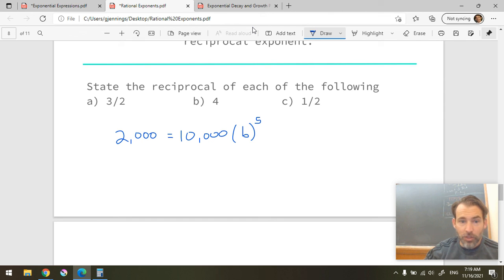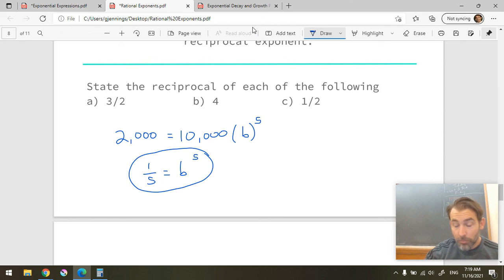What you would be solving is, I would divide both sides by 10,000, and I would get 1/5, since 2,000 divided by 10,000 is 1/5. That's equal to b raised to the power 5. That is like saying I am looking for some number that when multiplied by itself 5 times gives me 1 over 5.